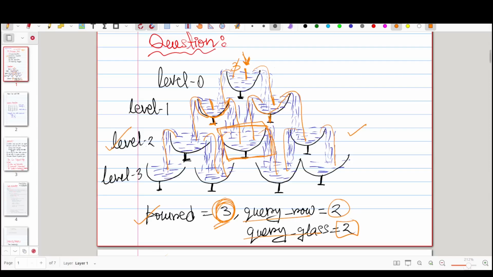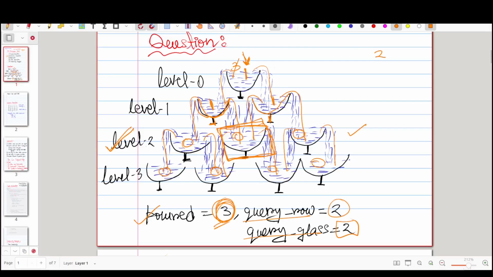As this is already filled with 1 and the maximum capacity is 1, it will not overflow. That means at level 2 all the glasses have 0 amount of water, and the next level also has 0, 0, 0 and 0. So if you query the second row, second glass, how much water is filled? You can say that 0 amount of water is filled.